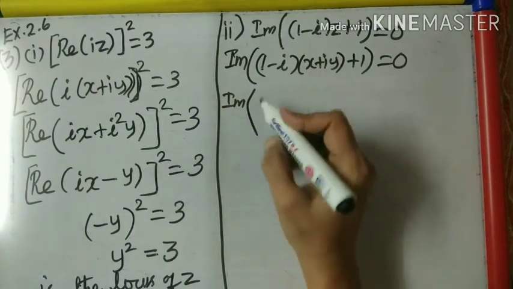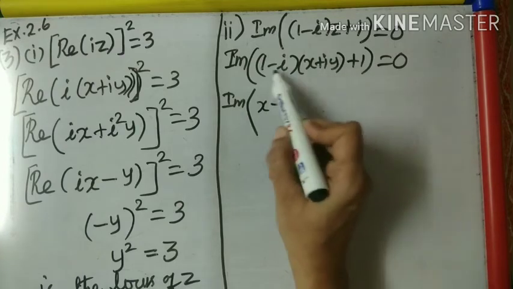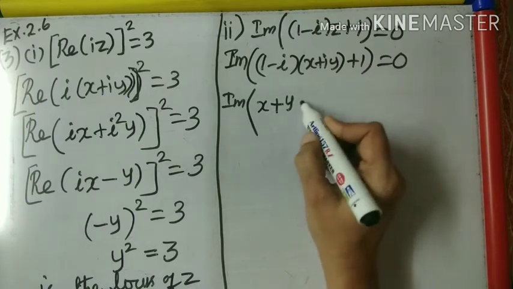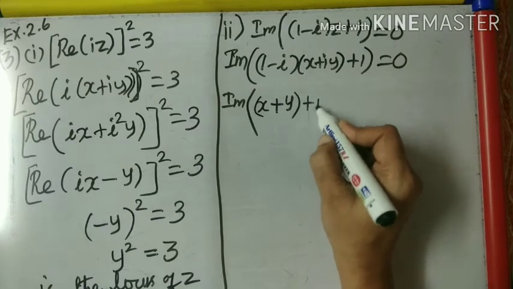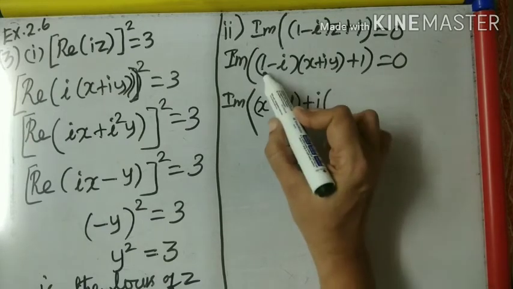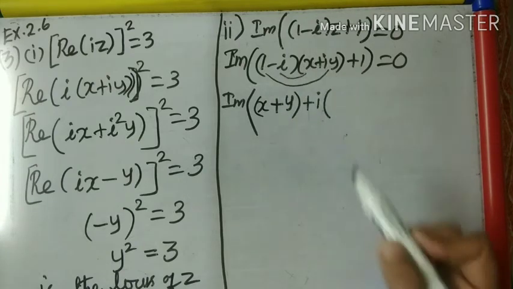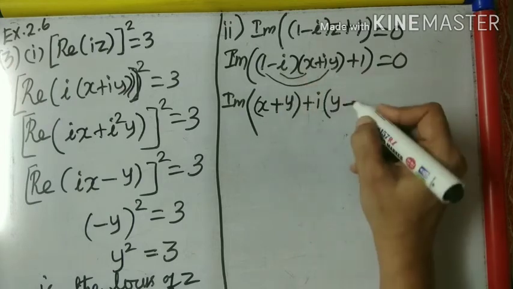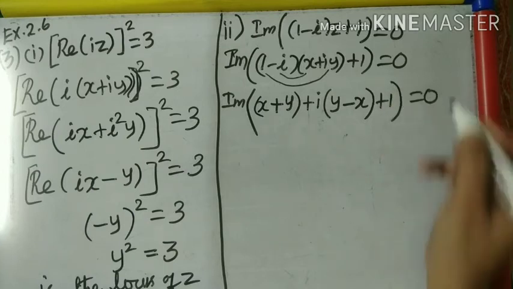Real and real minus imaginary and imaginary. Already one minus, so it is plus y. So real part over. Plus i into real and imaginary, imaginary and real. So 1 into y minus 1 into x. Then there is 1 here, equal to 0.